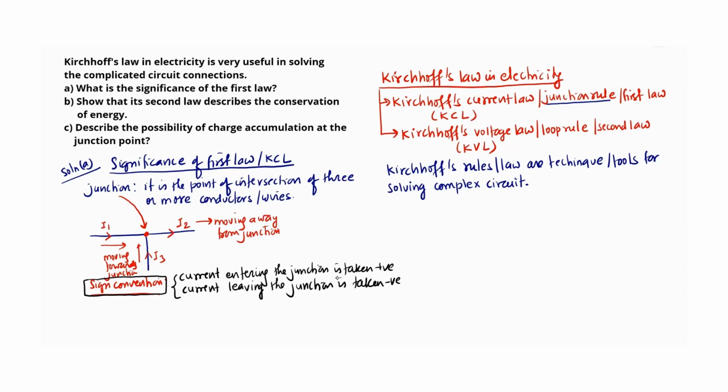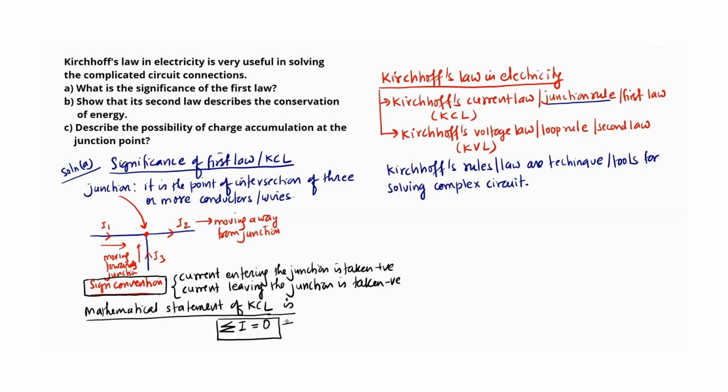Now, the mathematical statement of KCL is: the total current, that is the algebraic sum of current at a junction, is 0.